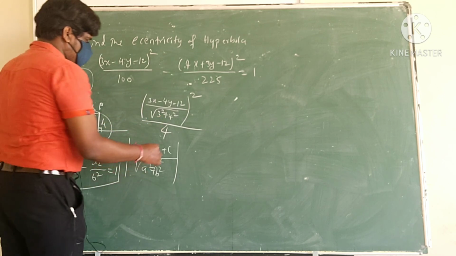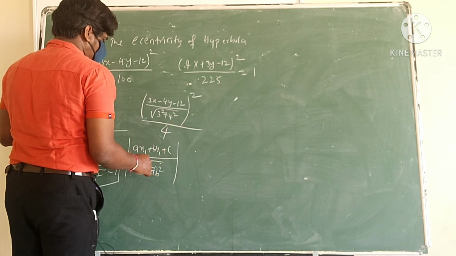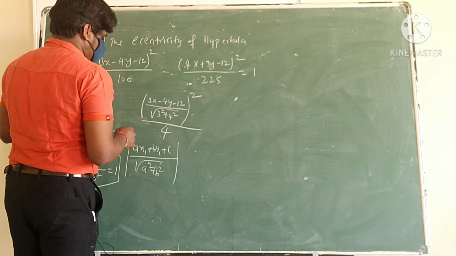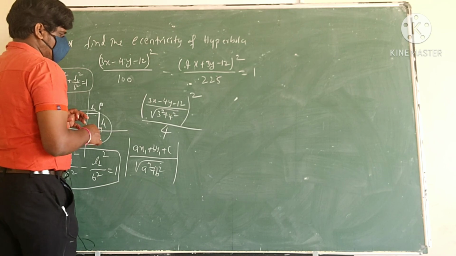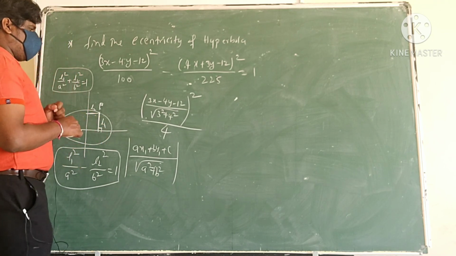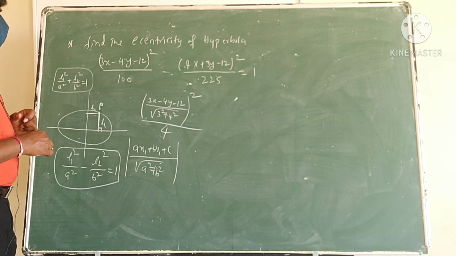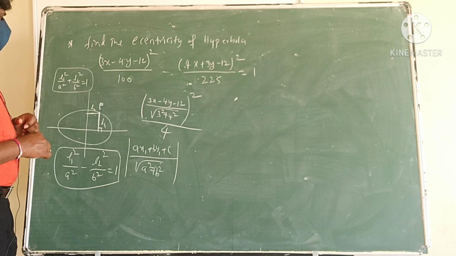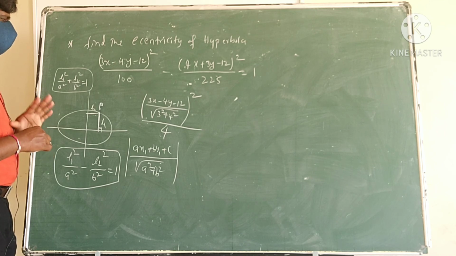So 25 should be there. It should be under root of 3 square plus 4 square, whole square. That is 3x minus 4y minus 12 whole square, and I will get 5.